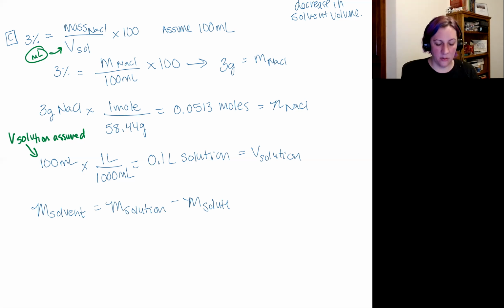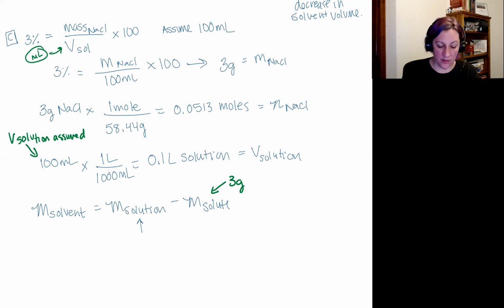That mass of solute is that 3 grams that we just calculated. So let's find this mass of solution. I know I have 0.1 liters or 100 milliliters, and I've been given a really helpful piece of information that the density of the solution is 1.1 grams per milliliter.